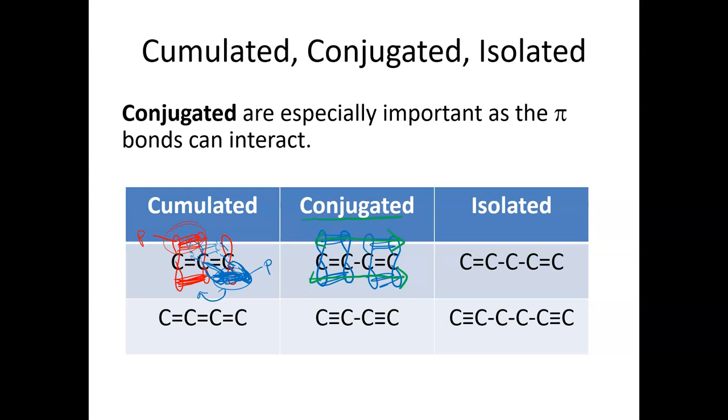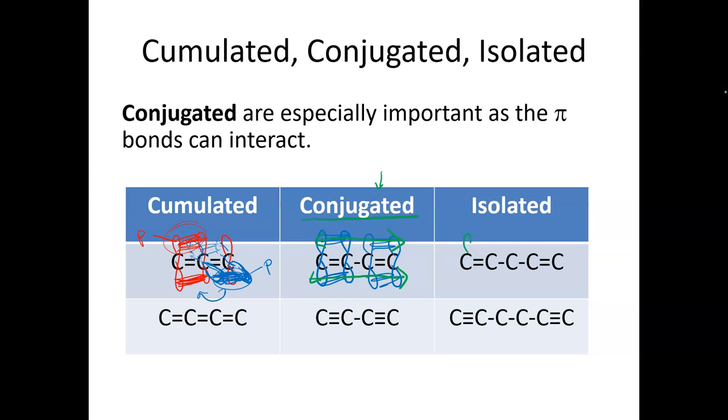So conjugated systems are really interesting and unique in organic chemistry because they allow more room for those electrons to move around in. And whenever electrons have more space to move, they're in a lower energy state. So if we can create conjugated systems, they provide some stability for the molecule.